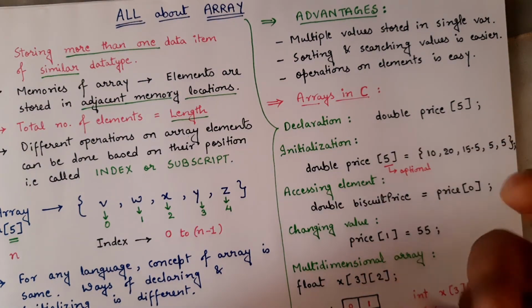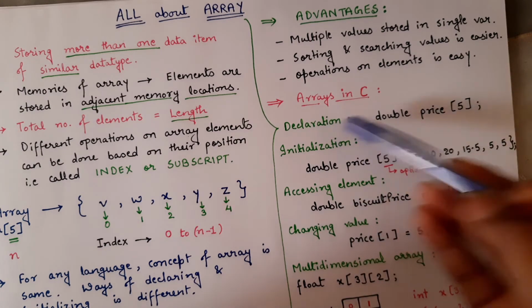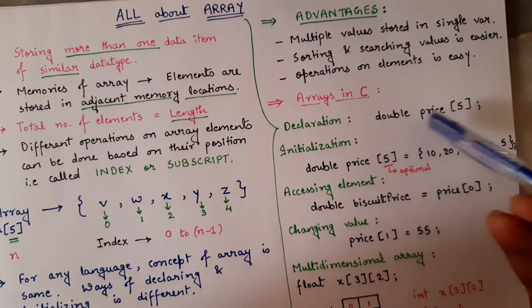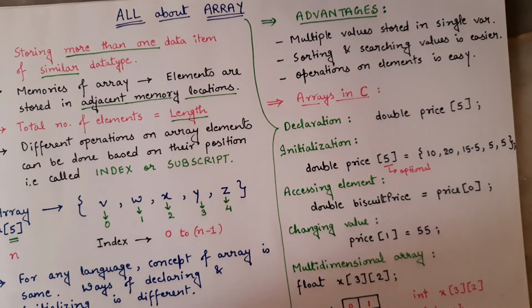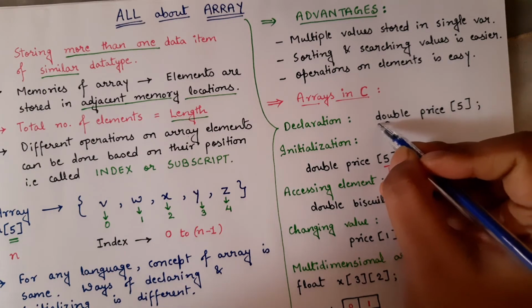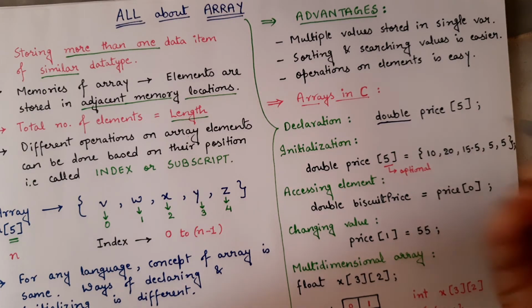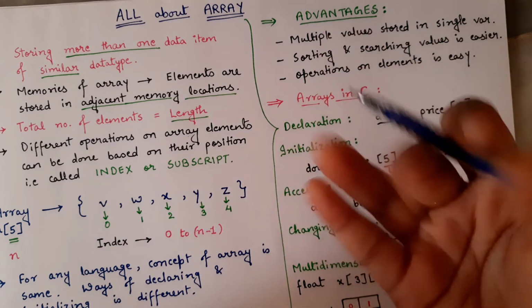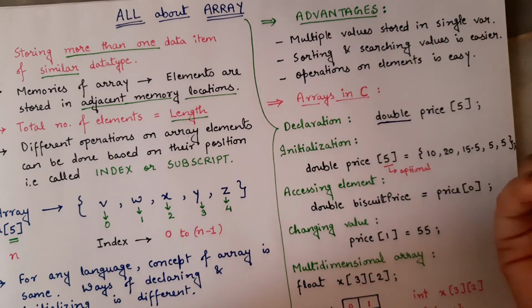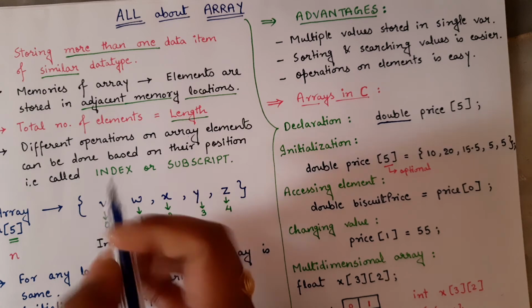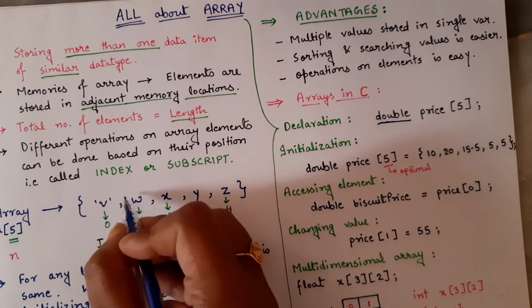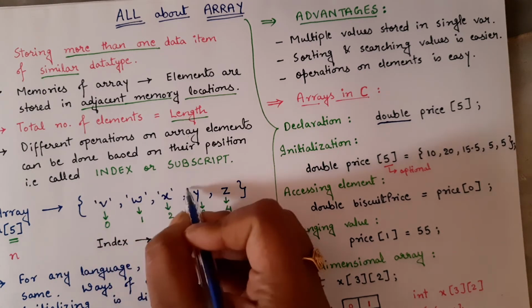When initially you want to declare the array, you can declare it as double price of 5. Here double will be your data type, which kind of data you want to enter. If they are characters, we insert character data type.